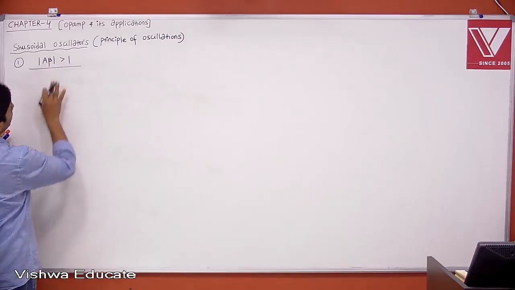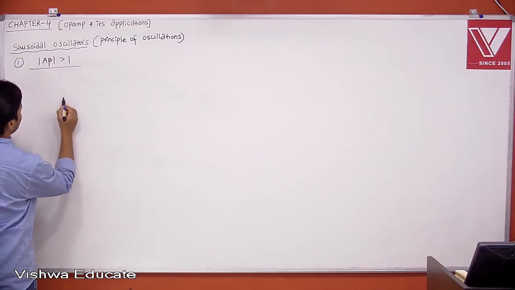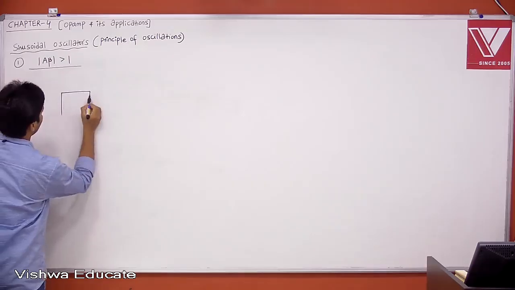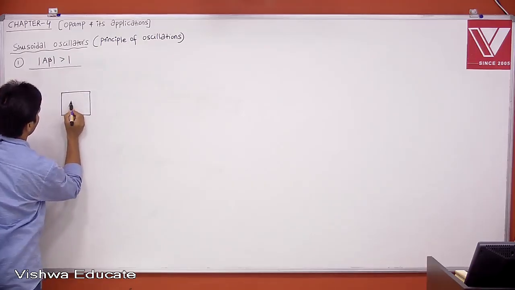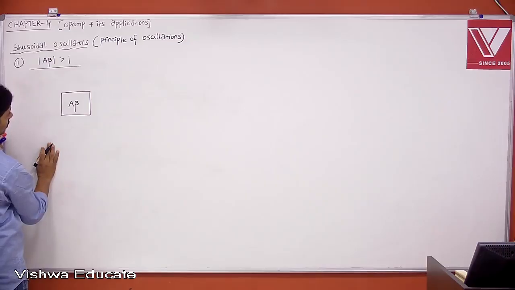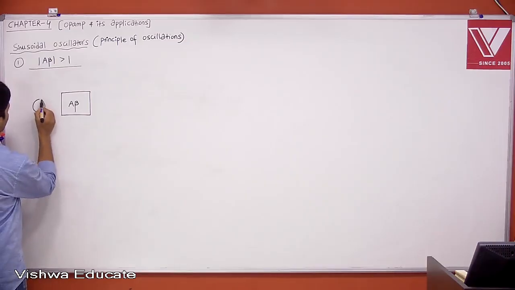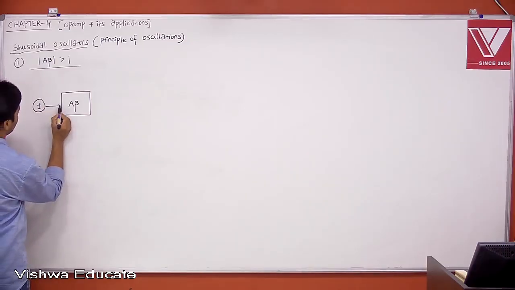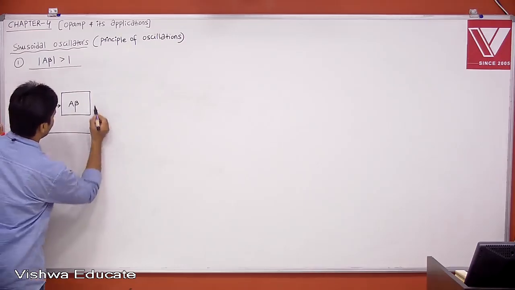Example, what do you mean by mod A beta greater than 1? Let us say this is your A beta, which is loop gain, which is G of S. Then this is the plus minus summing point with unity gain feedback.